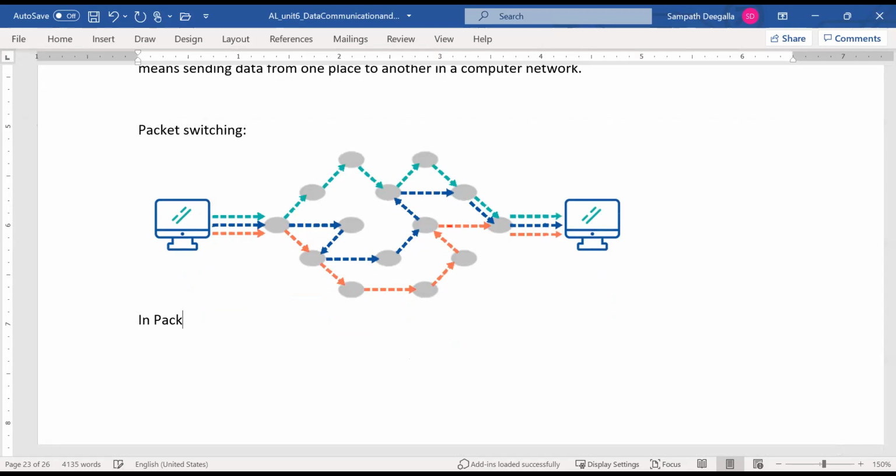In packet switching, data breaks down into smaller blocks of data called packets.